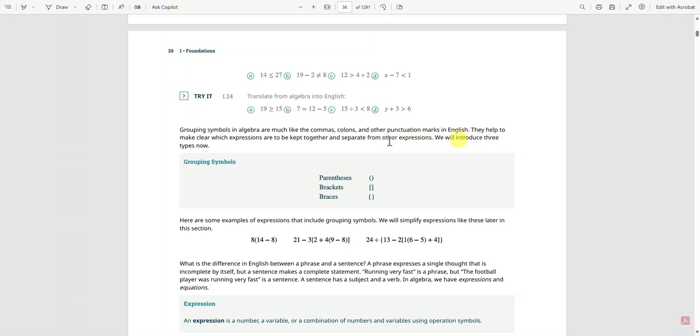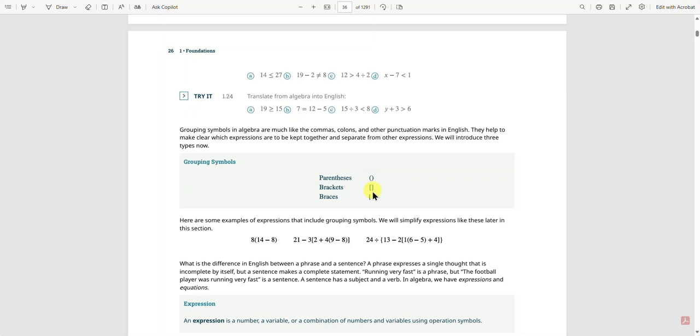We will introduce 3 types of grouping symbols now. And so we've got, you see, 3 different sets of symbols, and you can find these on the keyboard of your computer. If you're sitting at a keyboard, see if you can find them. 3 different kinds of grouping symbols, and we'll see them used in algebraic expressions.